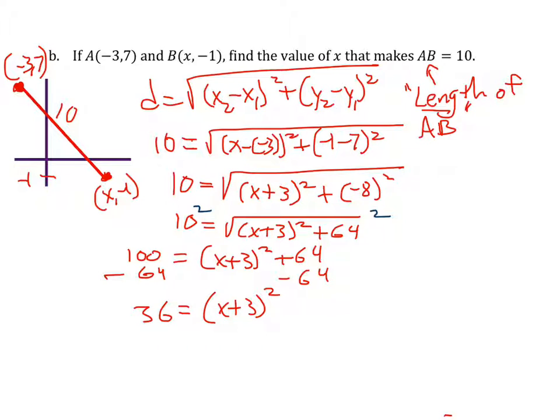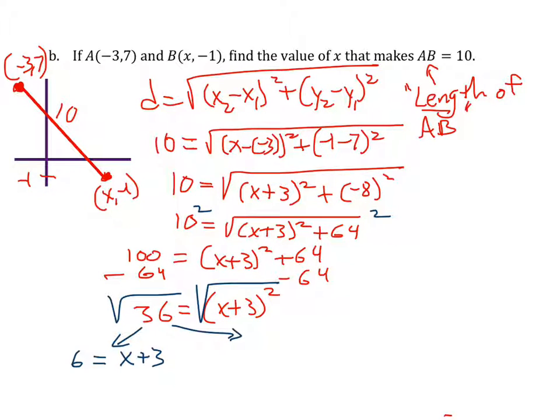Now we got a square root, but we got to watch out here. When we take the square root, we got two possibilities. There's two square roots of 36 that we've got to think about, okay? One square root is positive 6. Square root of 36 is 6. So we get x plus 3 equals 6.